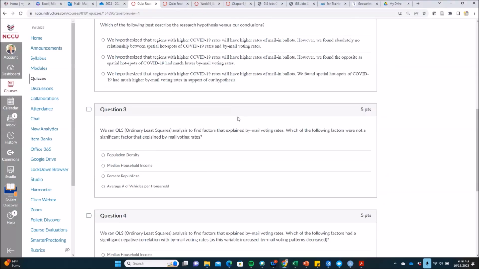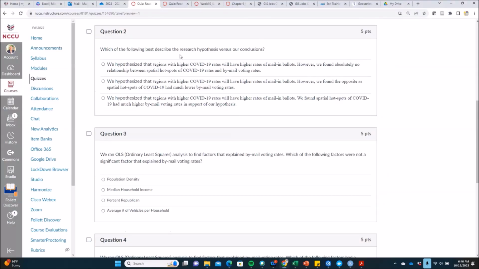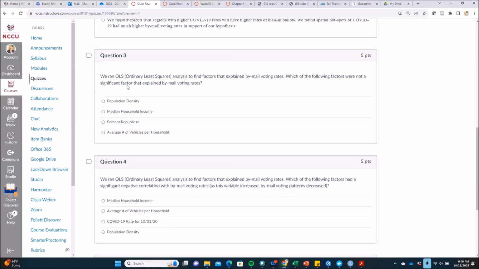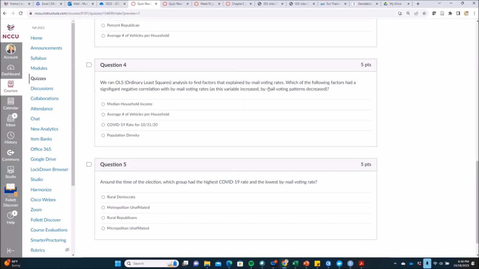But you can see these have a lot more interpretation, okay? So you can see our research hypothesis versus our conclusions. We ran OLS. Which of the following factors were not a significant factor? We ran OLS. Which of the following had significant negative correlation? Negative correlation, okay?